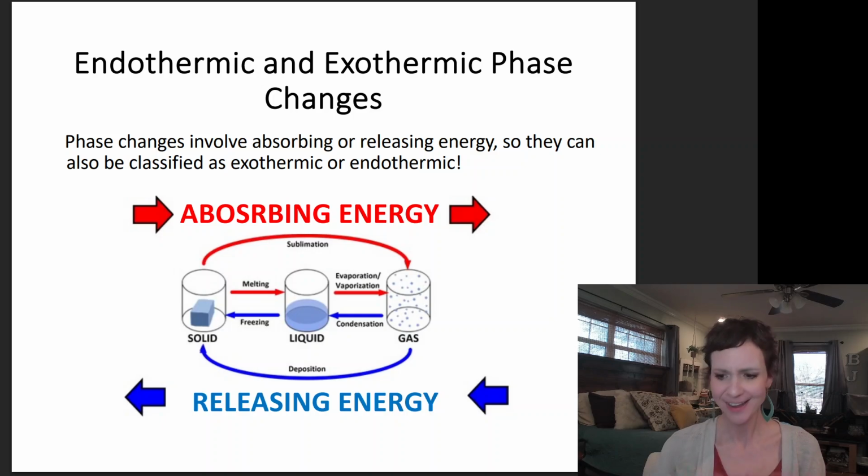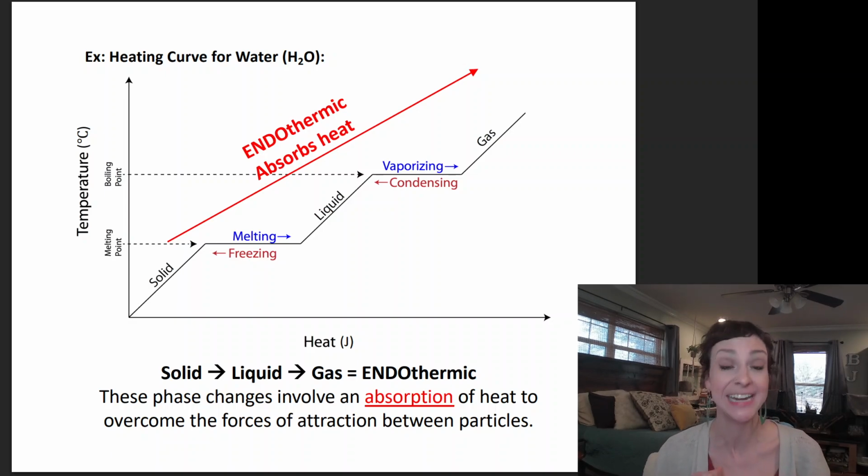Okay. Now, I'm talking about adding energy. Adding or absorbing energy. You guys, I can classify phase changes as either endothermic or exothermic because phase changes involve absorbing or releasing energy. So they can be classified as endothermic, absorb, exothermic, release. So we're going to go back to our heating diagram here.